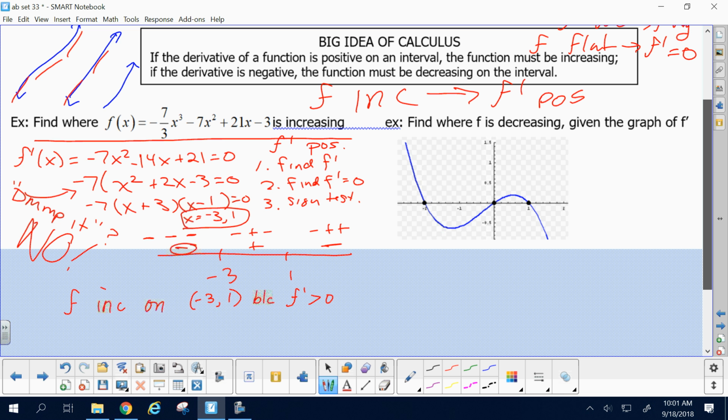F is increasing where the derivative is positive. Now don't worry about the endpoints. It's actually neither increasing nor decreasing at the endpoint, so I wouldn't include them. Although the good news on the AP tests, if it did include them, they wouldn't take up, right?